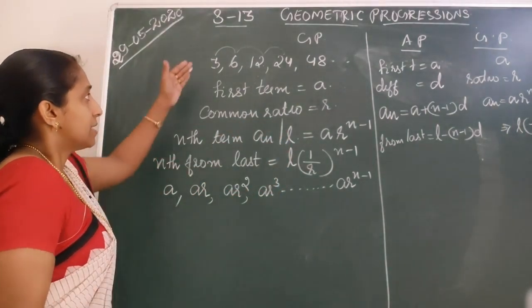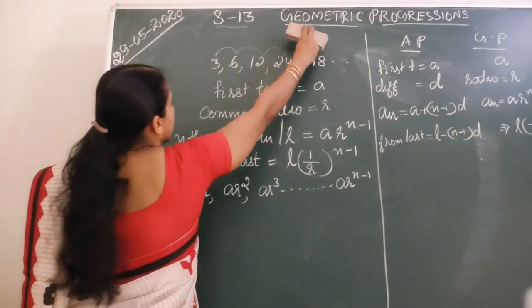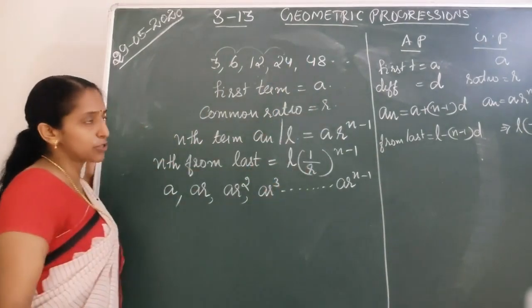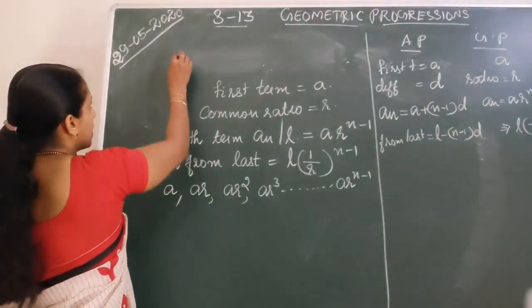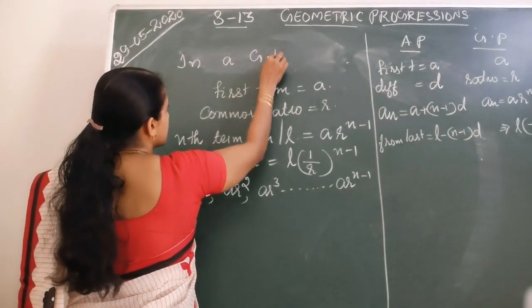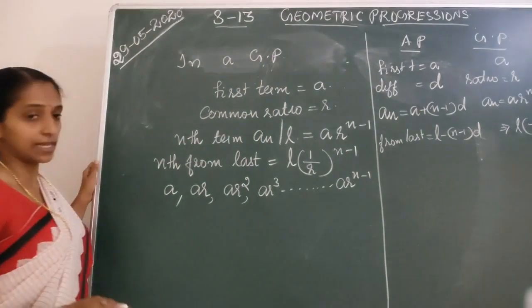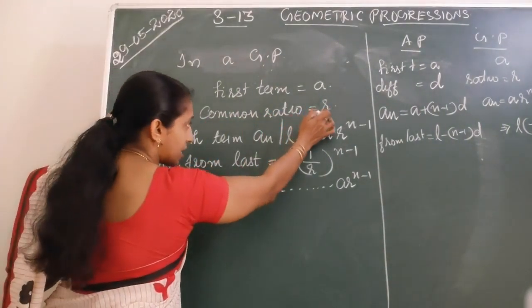After that, write down this. In a GP, you can write one or two examples also. And after writing the example, write: in a GP, the first term is denoted by the letter A, and the common ratio is denoted by the letter R.